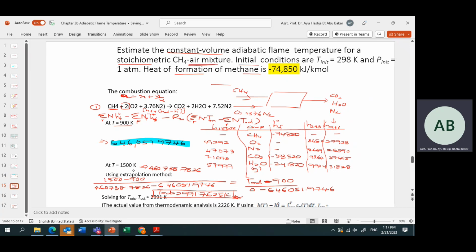Q at 1500, around this figure. Okay, then do the interpolation. Your T adiabatic should be around this figure, 2991.